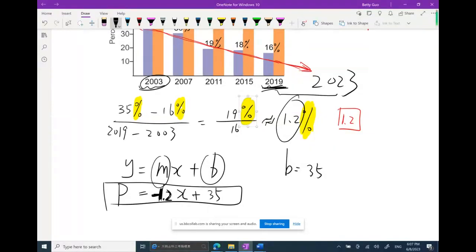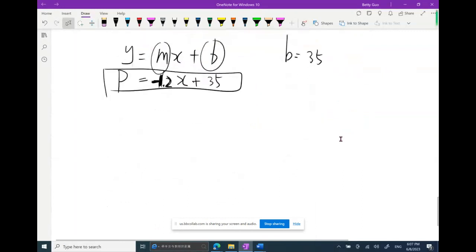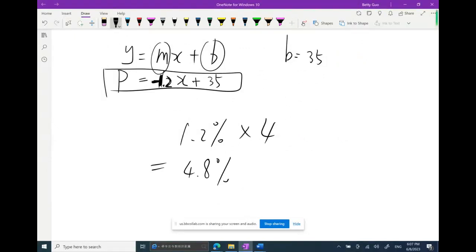So from 2019 to 2023, how many years is that? Four years. From 2019 to 2020 is 1 year, and another 3 years, 4 years exactly. So every year going down 1.2% for 4 years gives us 4.8%, right?